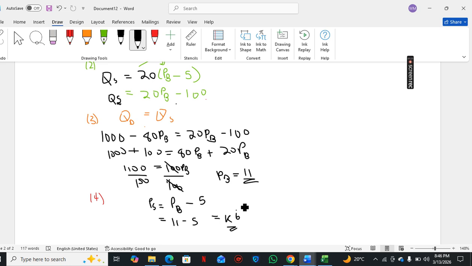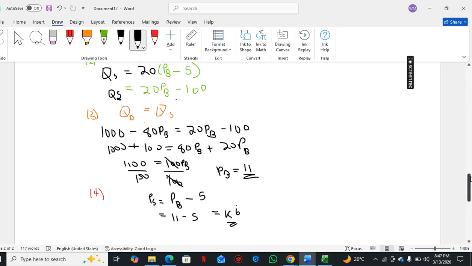So now we can get the new equilibrium quantity. There are two ways you can do this. If you are using the demand function, use PB equals 11. If you are using the adjusted supply function, you still stay with this PB.